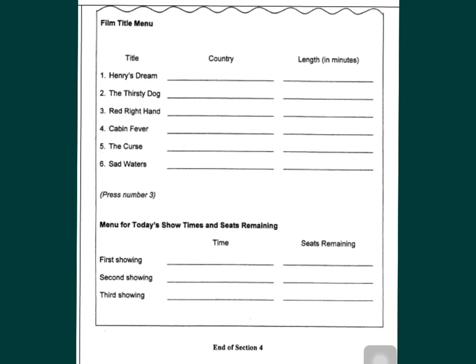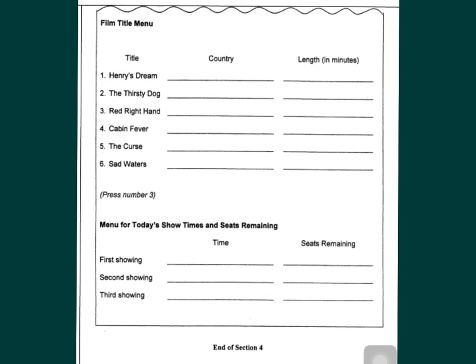Please select from the film title menu. The film title is Henry's Dream. The country it's from is Germany. The length of the film is 120 minutes. Press 1 for showtimes.